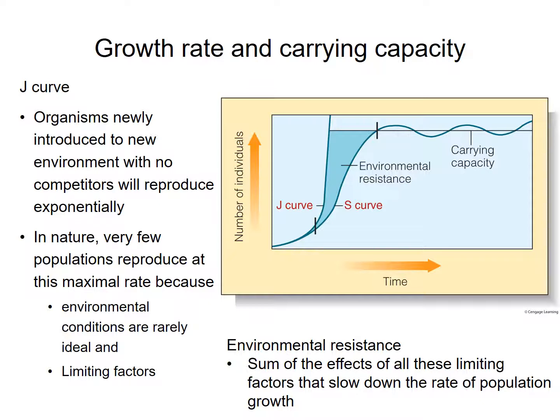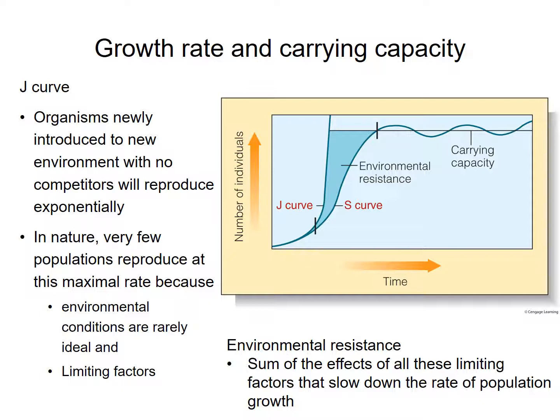Growth rate and carrying capacity are limited by environmental resistance. So here we're seeing the J curve. Organisms newly introduced into a favorable environment with no competitors for food or space will reproduce exponentially, tracing a J-shaped population growth curve.